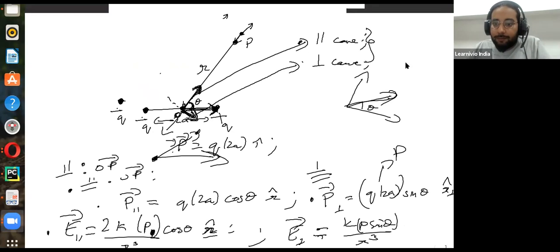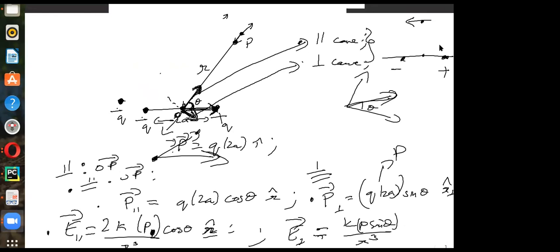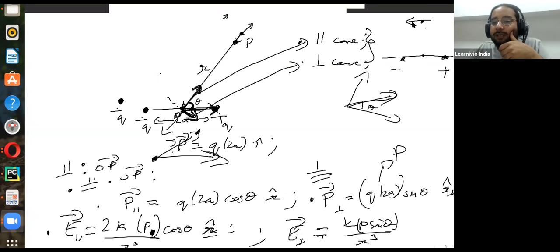If you remember when we calculated the perpendicular case, what we got when it was negative and positive, the electric field was in this direction, correct? Yes, sir. No, what am I saying? How can the electric field be in that direction?